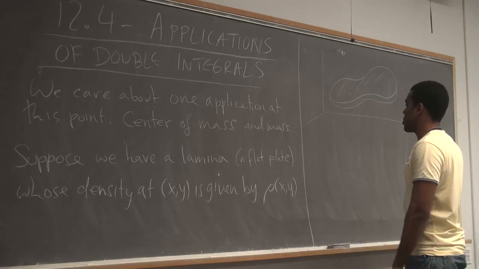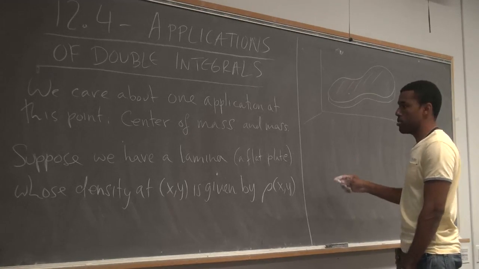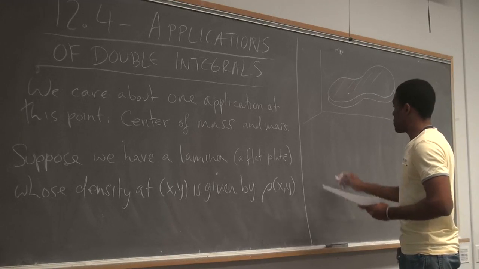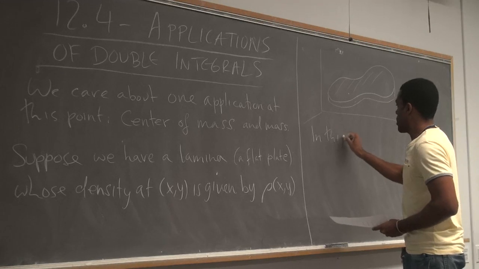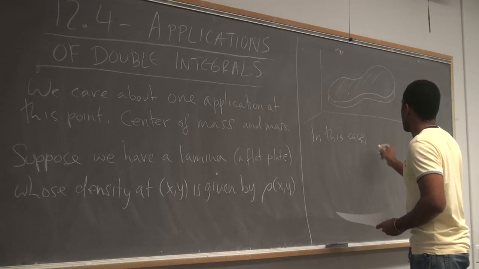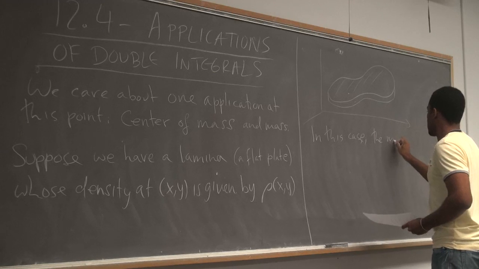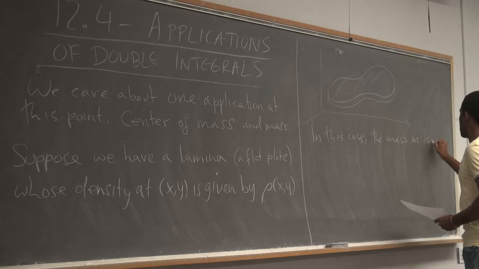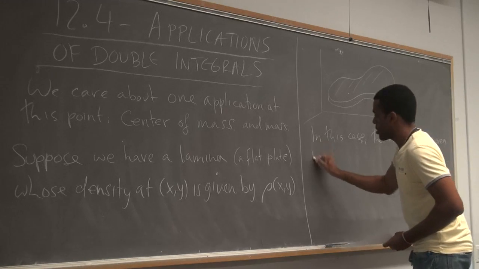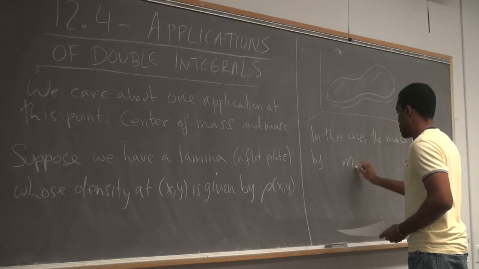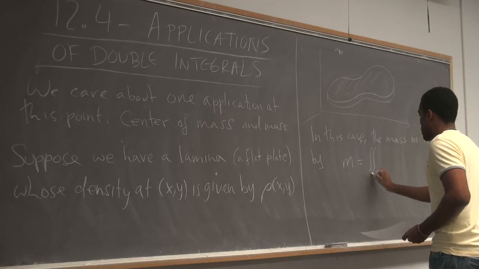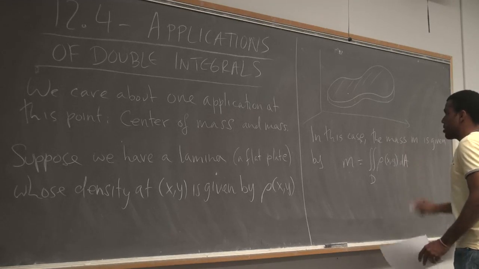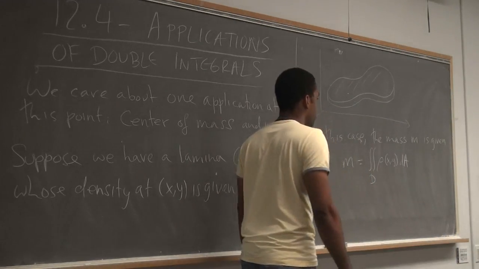So we actually did this in Calc 2, and the formulas here look pretty similar, except now they're all double integrals. That's pretty much it. So if you integrate density, you get the mass, right?